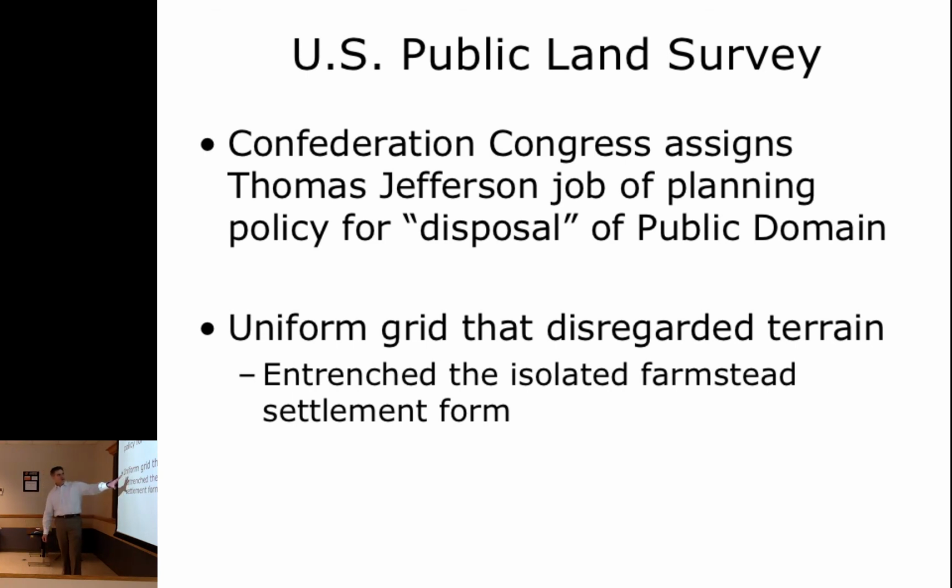So it created a uniform grid that disregarded the presence of terrain, disregarded rivers and water bodies, and it entrenched the system of what we refer to as isolated farm settlement. The isolated single-family unit farmstead became the norm through Jefferson's plan.